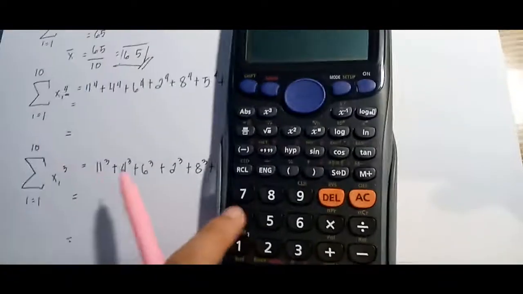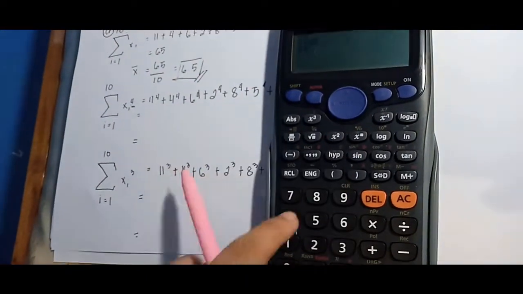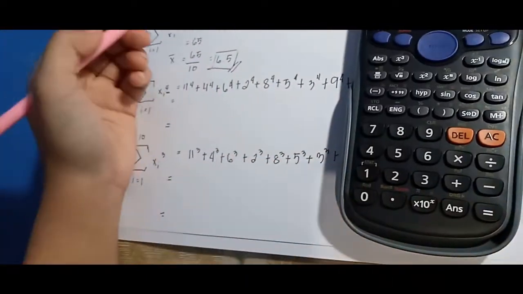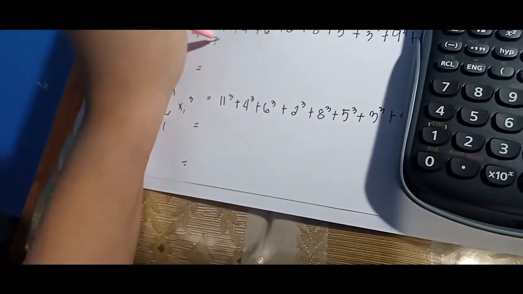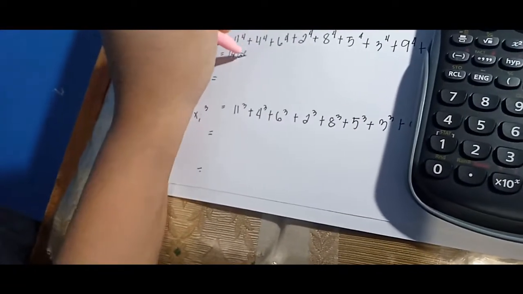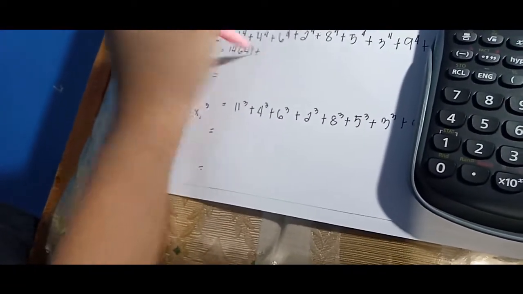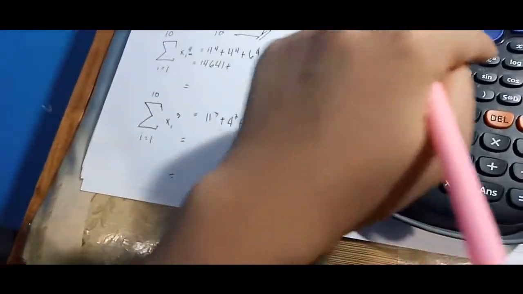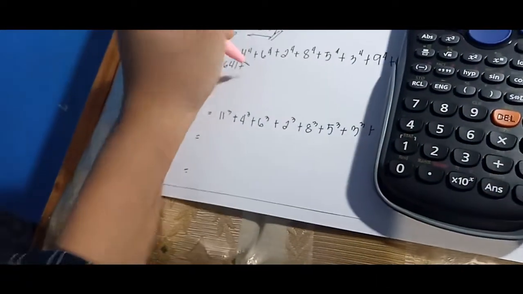So let's do it. We have 11 raised to 4, which is equal to 14,641, plus 4 raised to 4, which is 256.